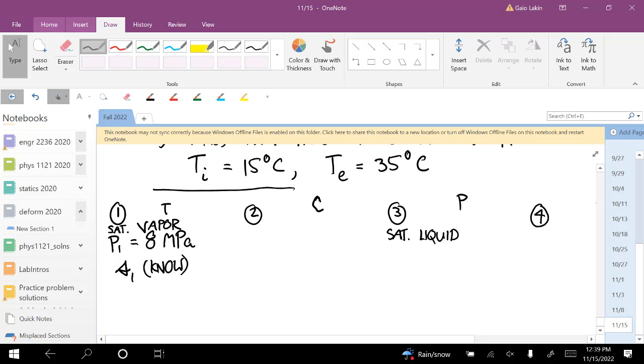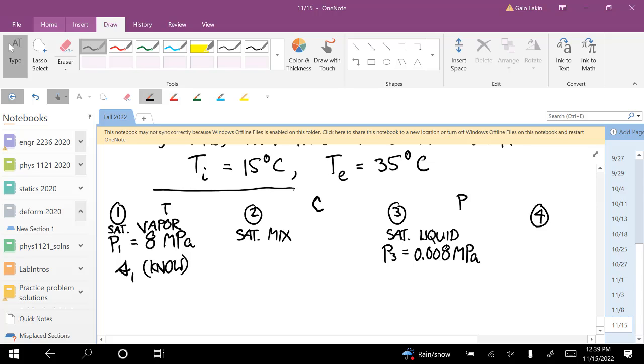Okay, so we know it's a saturated liquid. We know P3 is 0.008 MPa. Well, that means we know that at state 2, this is a saturated mixture, right?